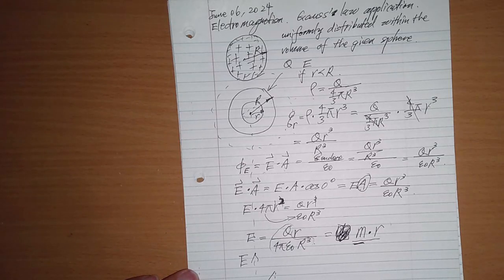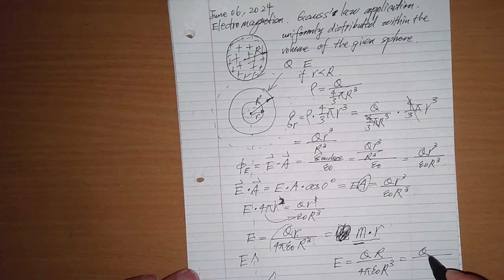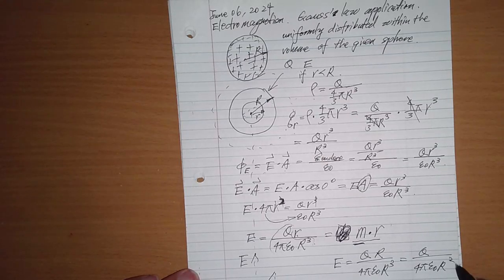And then this point right here is when little r equals the big R, right? So when that happens, E equals Q times little r, in this case equal to big R, over 4 pi epsilon 0 R cubed. So that equals Q over 4 pi epsilon 0 R squared.